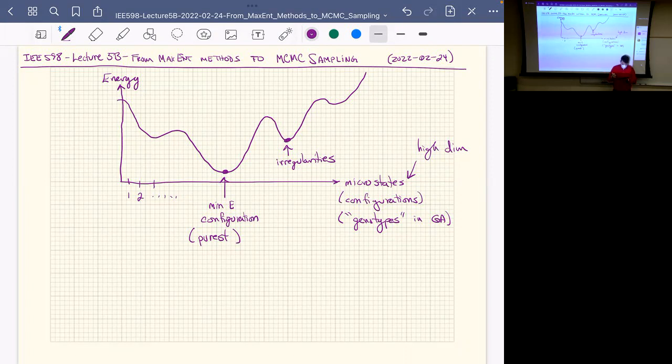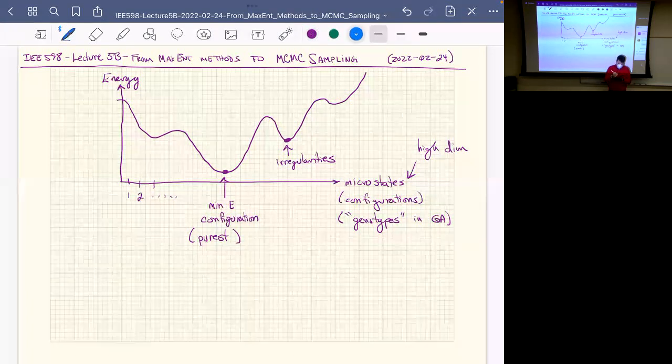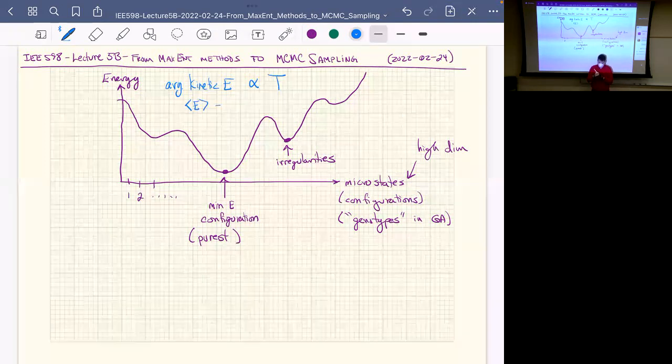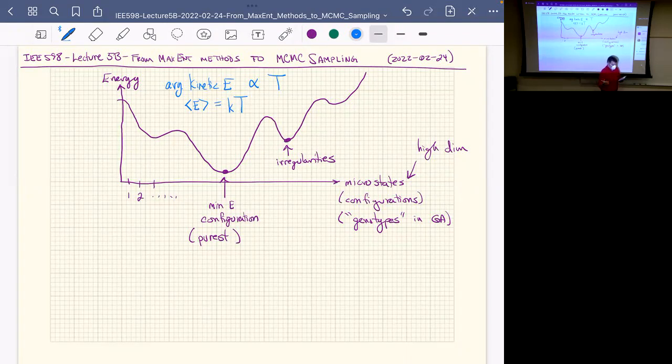So the average kinetic energy is proportional to temperature. In physics, they specifically say that the average energy is equal to KT, where K is the constant of proportionality called Boltzmann's constant.